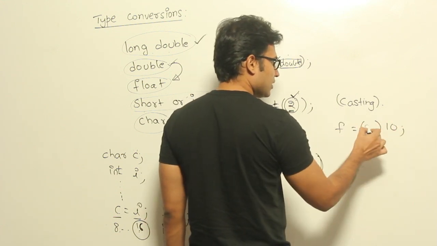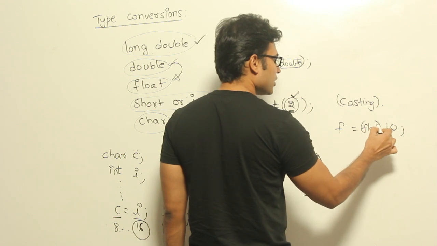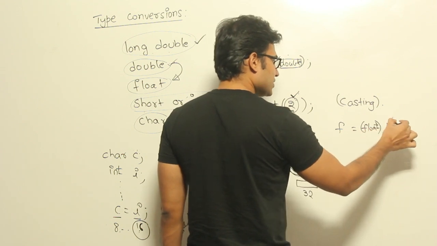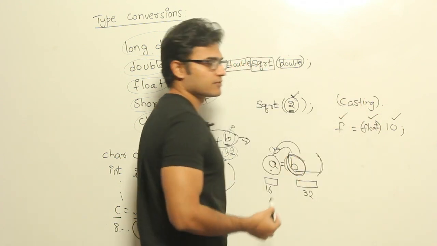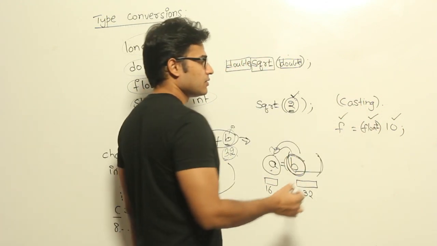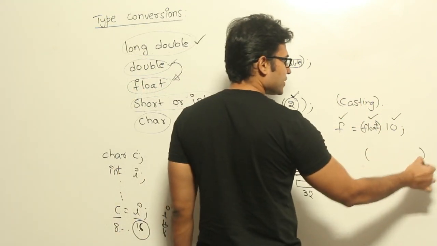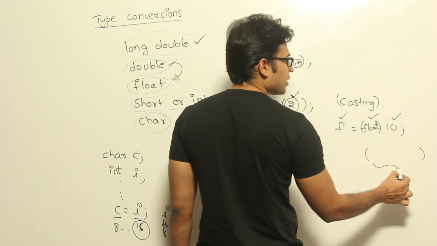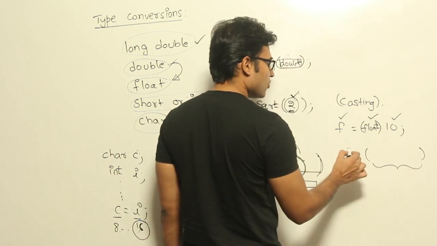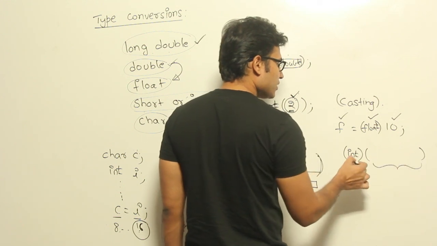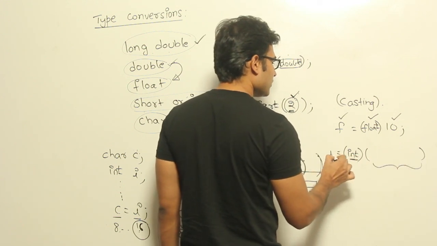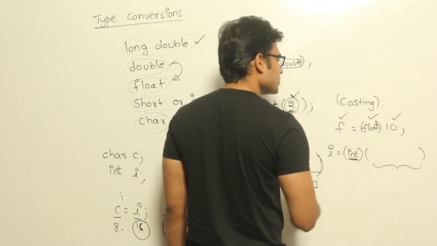Then if you write float here, it means that you convert this integer constant into float type and then save it here. Similarly, if you have a mathematical expression and you don't know what type it is returning, and finally you want to save it in an integer, then you convert the result into this integer and then save it here. So this is done explicitly.